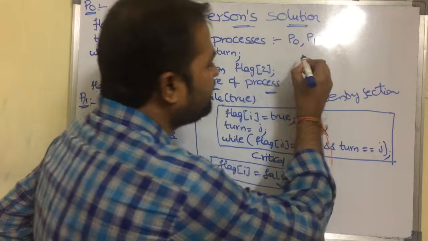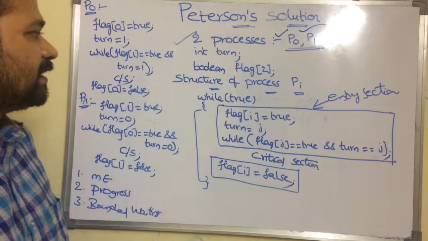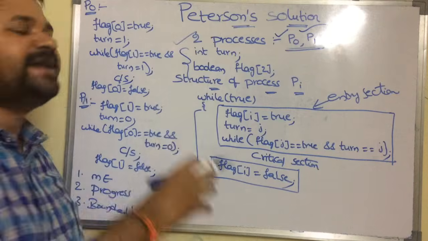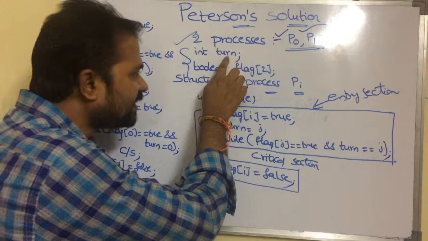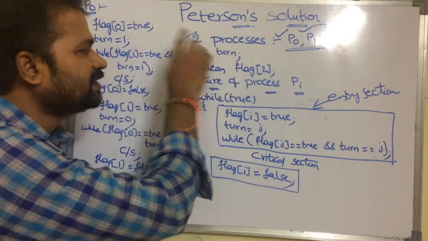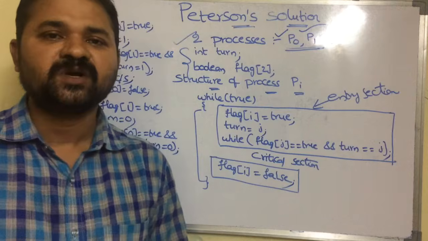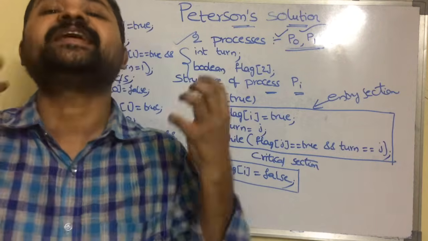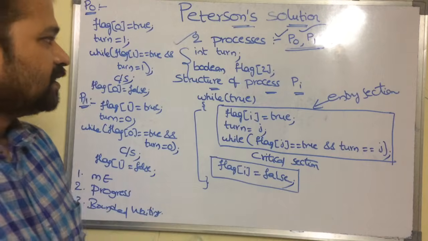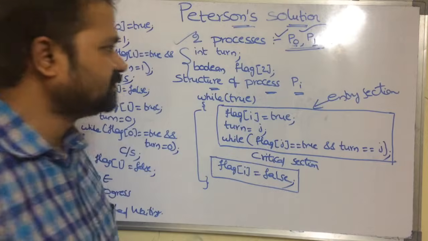Let us assume that here we have two processes, P0 and P1. Next, here we are using two data structures. The first one is int turn. So turn is an integer variable. Turn indicates whose turn it is to enter into the critical section. Here the value of the turn may be either 0 or 1.